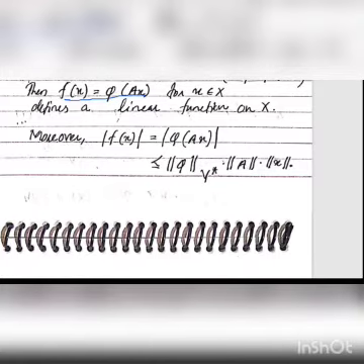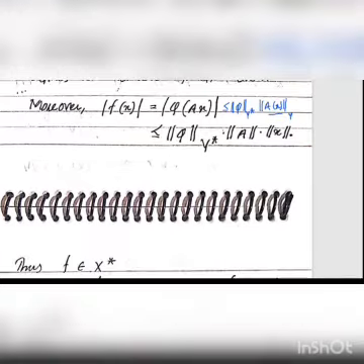So exactly it will come as less than or equal to norm of phi in Y star into norm of Ax, where A is defined from X to Y. Next, you can split this in this version. So what does this mean? These are all bounded now. So this is also bounded.